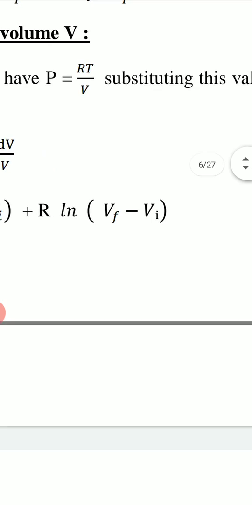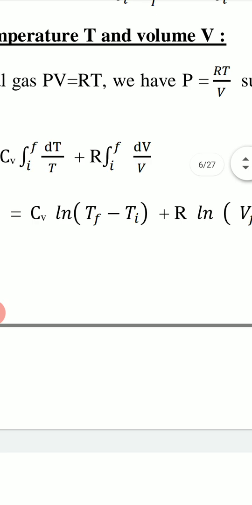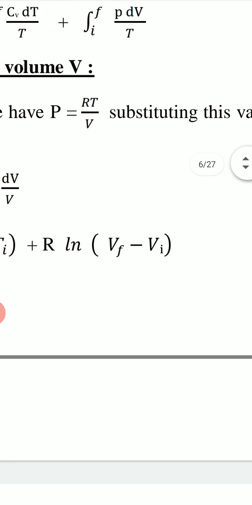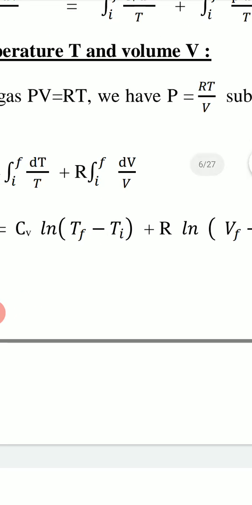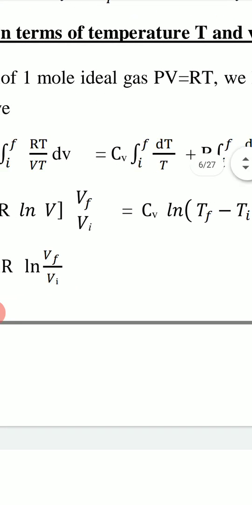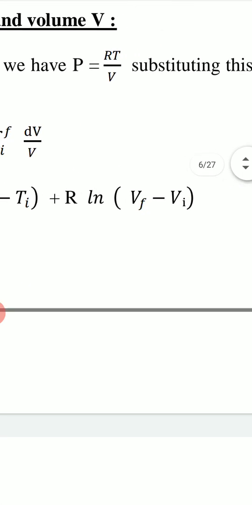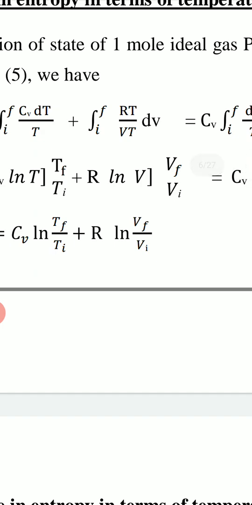And in the second term we have not log Vf minus Vi, but log Vf minus log Vi. Then log Tf minus log Ti becomes log Tf upon Ti, and similarly log Vf minus log Vi becomes log Vf upon Vi.